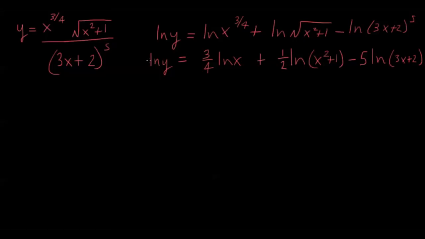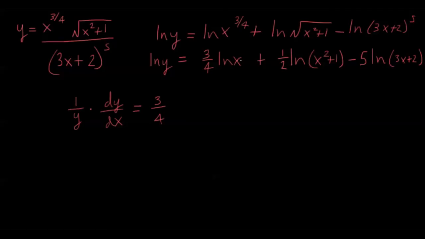If we take the derivative of the natural log of y, we'll have 1 over y times dy over dx, since it's with respect to x, is equal to 3/4.